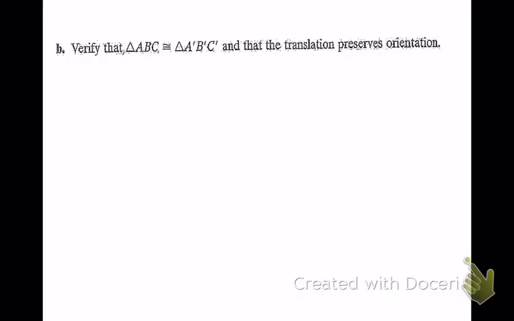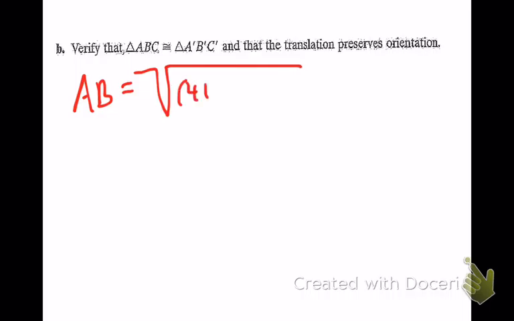We find the distance from A to B. We use the distance formula. So that would be the square root of 4 plus 1 squared plus negative 2 minus 1 squared. That equals radical 34.